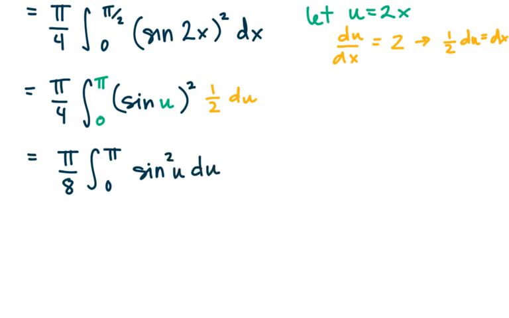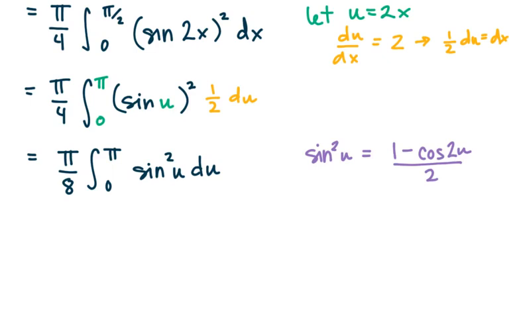All right, so here we end up actually having to put in another substitution. I don't like to integrate trig functions when they're squared, so we always try to reduce them. And one that we use a lot would be sine squared u equals 1 minus cosine of 2u over 2. That's one of my double angle identities rearranged.